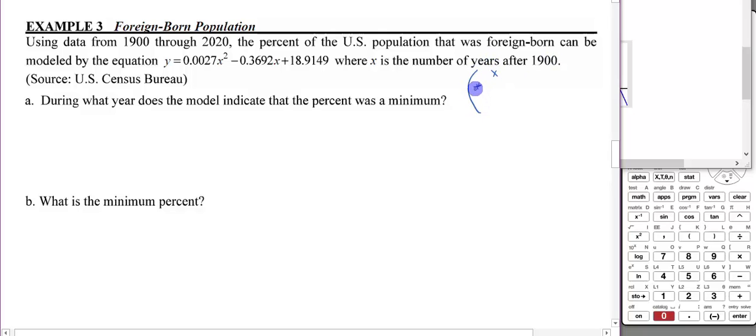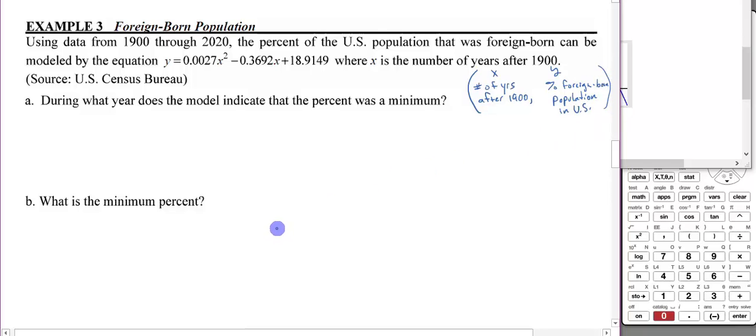X is the number of years after 1900, and the y is going to be the percent of U.S. population that's foreign-born. So percent of foreign-born population, specifically in the U.S.